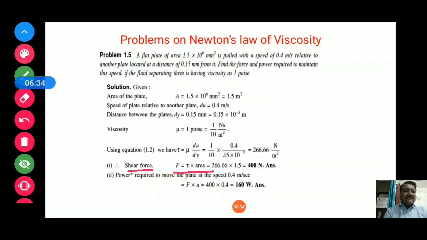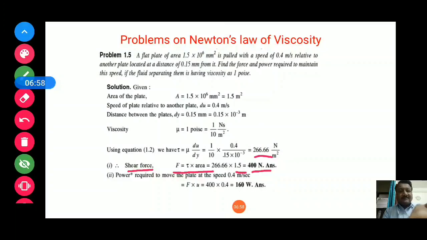Stress is equal to force per unit area, so shear force is shear stress into area. Shear stress is 266.66 and multiplied by area 1.5, that comes out to be 400 Newton.